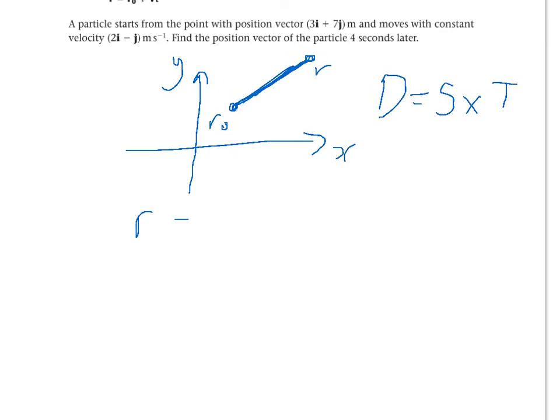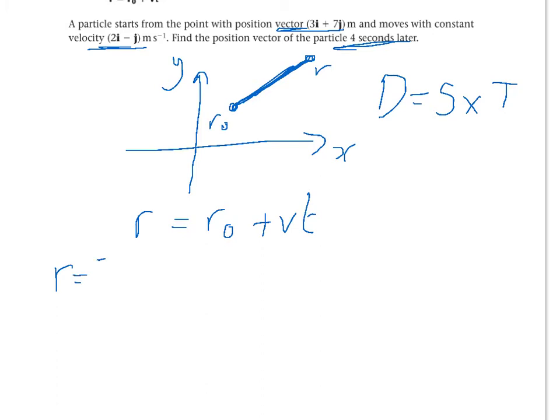So r equals r0 plus vt, where what we know in this question is that the initial position vector is 3i plus 7j, the velocity is 2i minus j, and we're looking for 4 seconds. So let's just write down the parts we know.